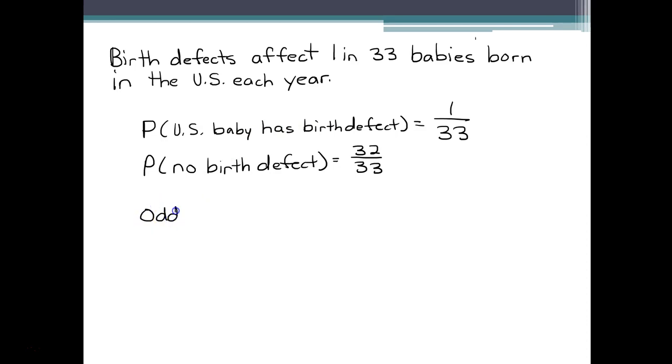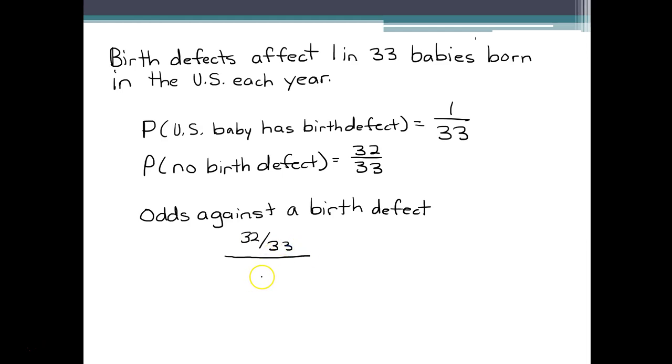If you want odds against a birth defect for a U.S. baby, then the top fraction has to be no birth defect. That's failure of having a birth defect. In this case, failure is a good thing.